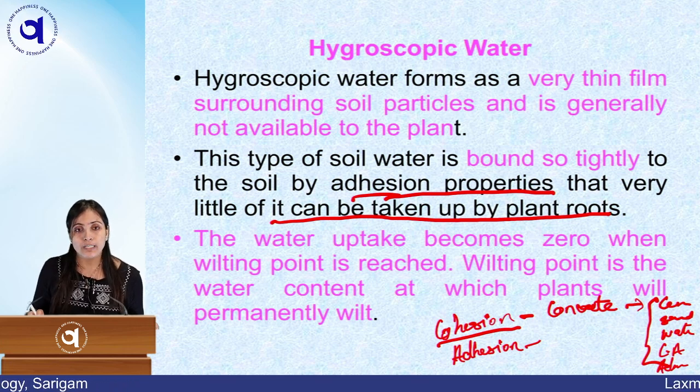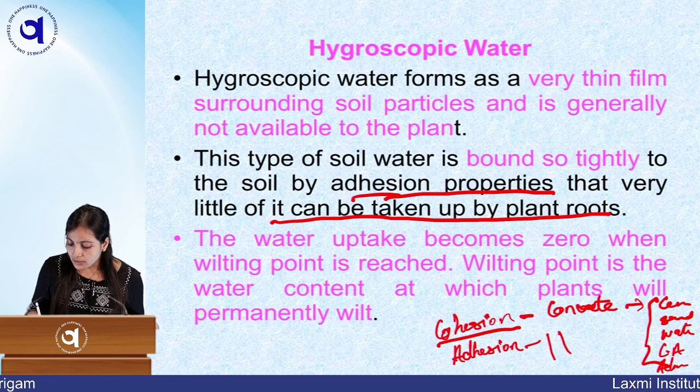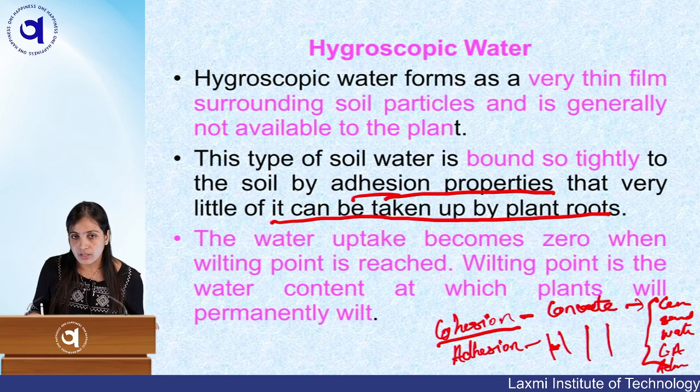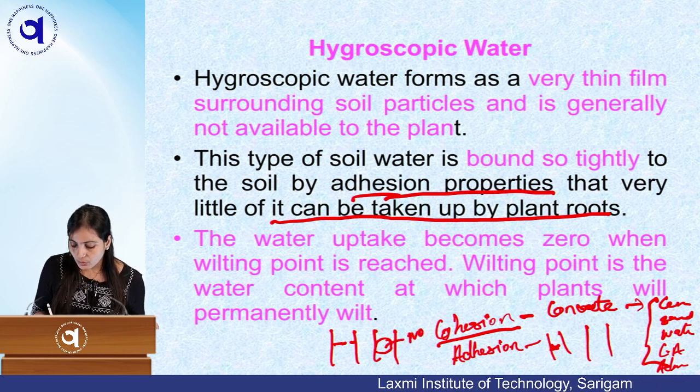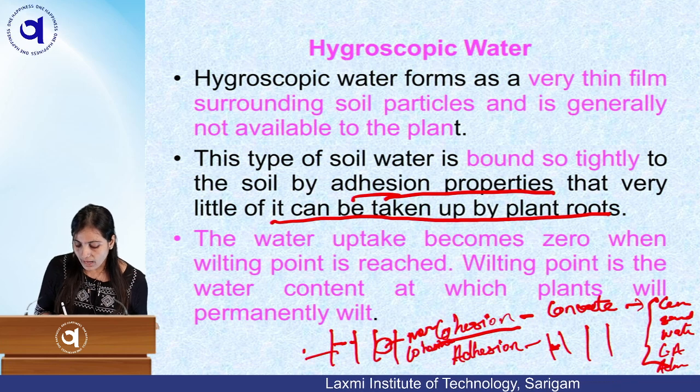Adhesion properties means, like water, okay. So if you consider water over here and mercury over here, this mercury is the best example, I think. Mercury has cohesive properties, and water has adhesion properties.